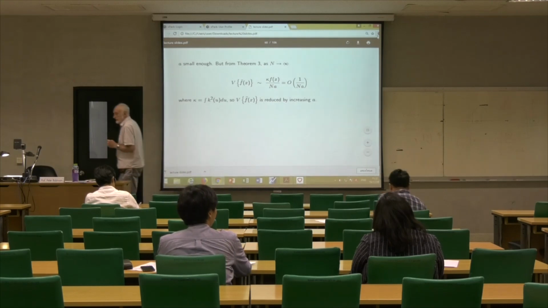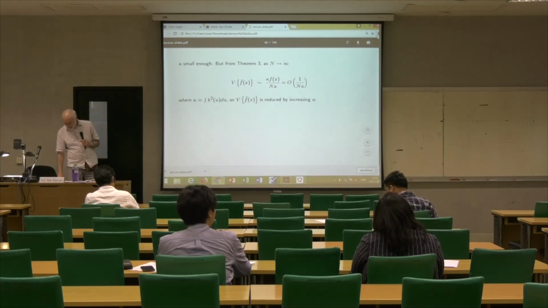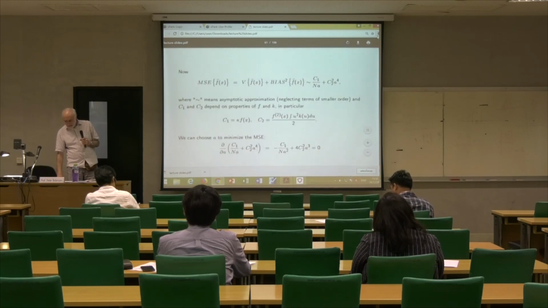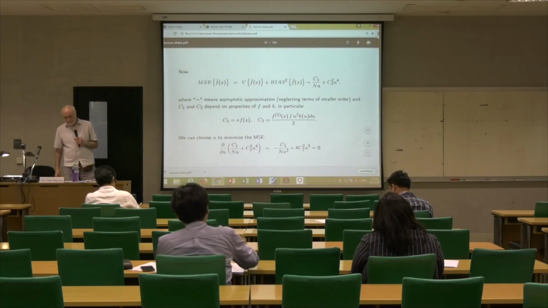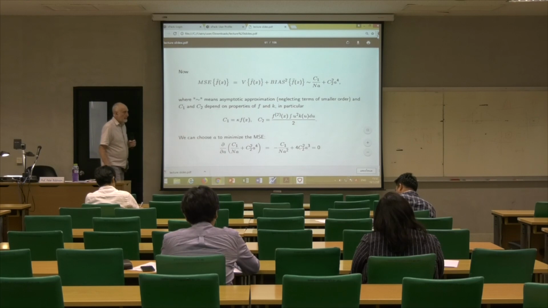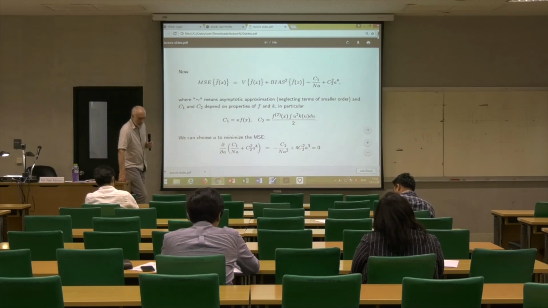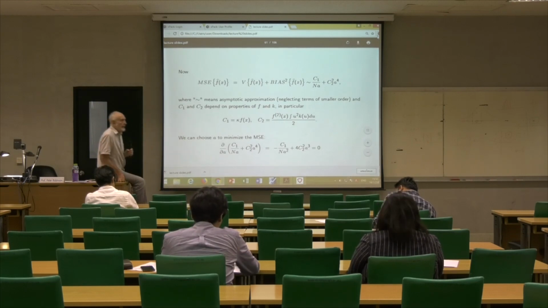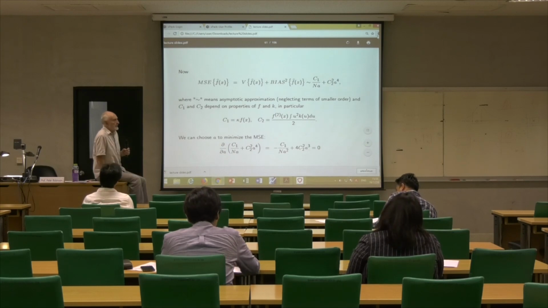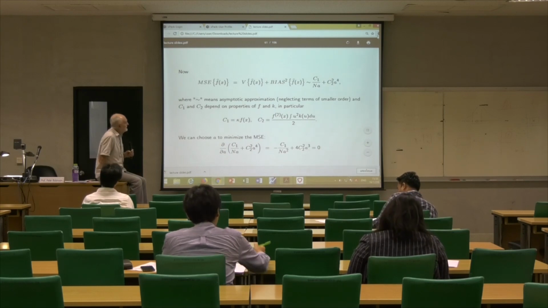Well, the mean squared error is the answer here. For the most part, when people look at the choice of A in a fairly mathematical way, they look at mean squared error.